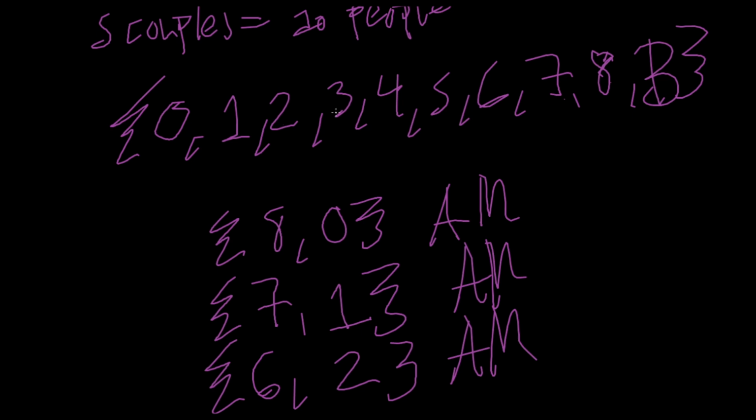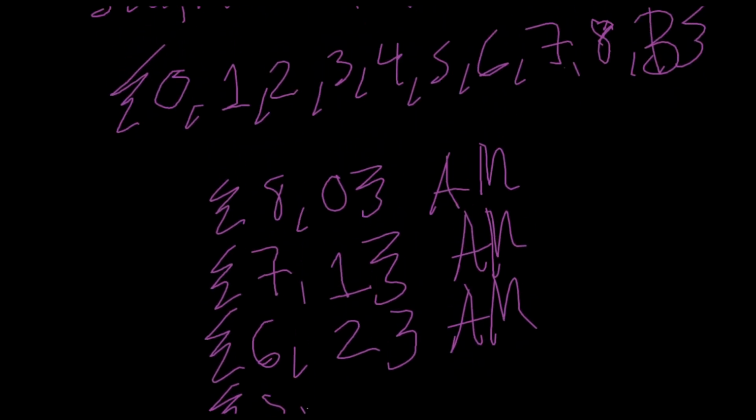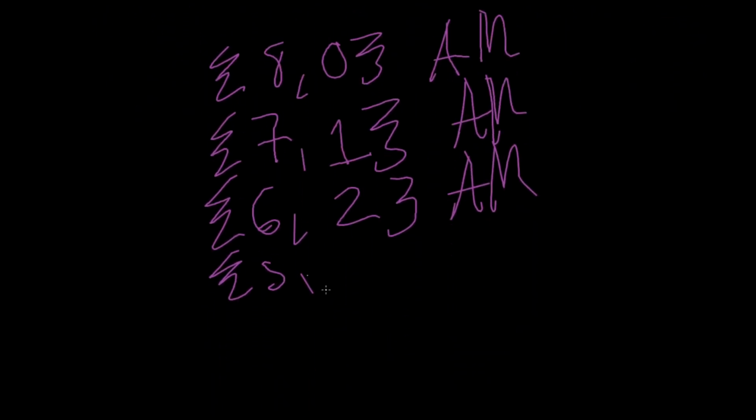And 3 received their handshake from 6, 7, and 8. So, therefore, 5 must have shaken hands with 4, 6, 7, 8, and Brian, since those are the only alternatives that are left. And therefore, 5 and 3 are married.